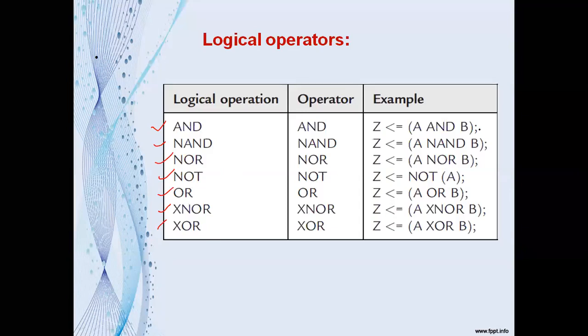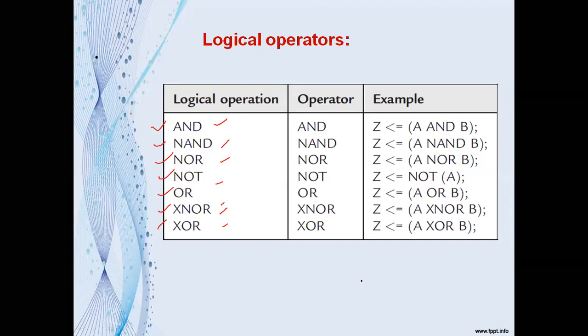You can also see an example of this. There are the basic operations such as AND, OR, NOT, the universal operations like NAND and NOR, and the special operations like exclusive OR and XNOR.